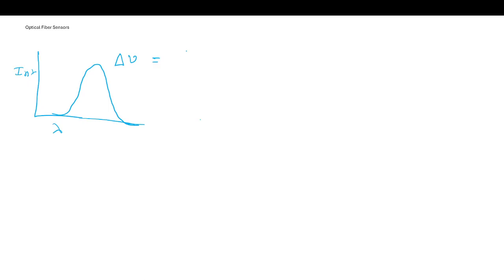Then there will be the equation 1.8 kBT by h, which is 11 terahertz at a temperature of approximately 300 Kelvin. It means if you are calculating the band gap from here to here, the full width half maximum will be 80 to 90 nanometers.